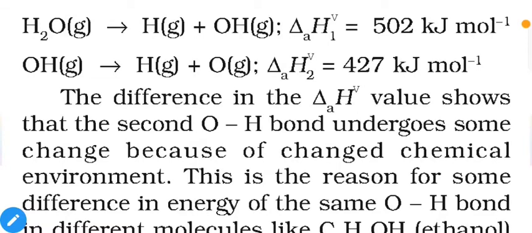Understand it this way. Suppose you have a room which has four walls. When you try to break the first wall, the requirement of energy will be maximum because the full structure is stabilized and supported from all sides. But suppose you already broke two walls, then trying to break the third wall will be comparatively easy because the structure is unstable.